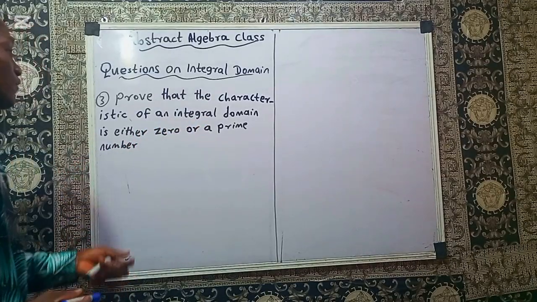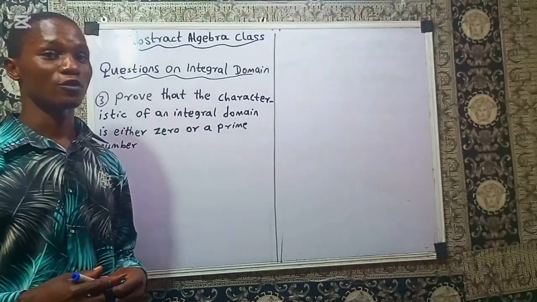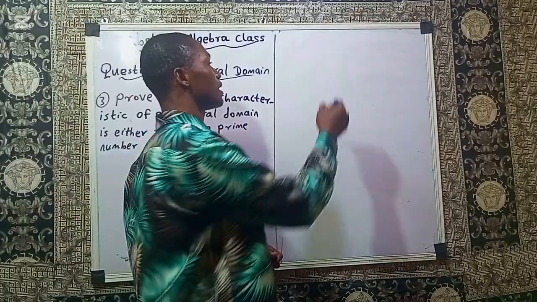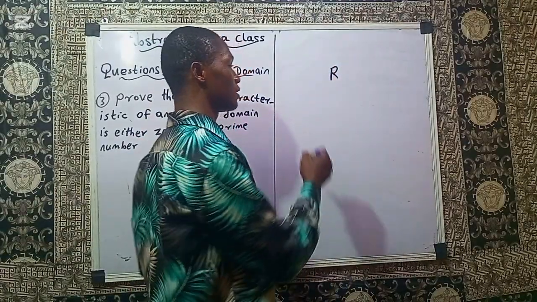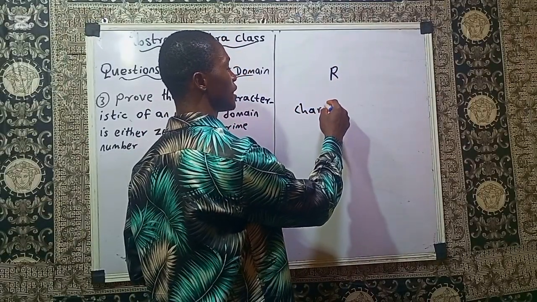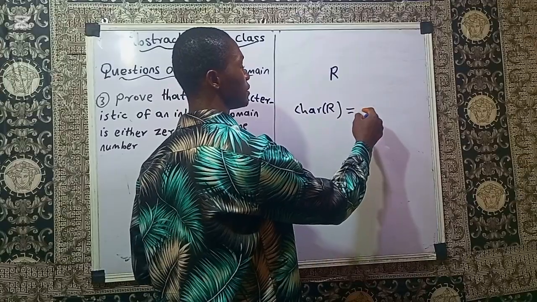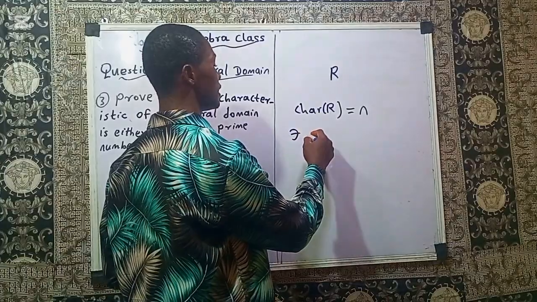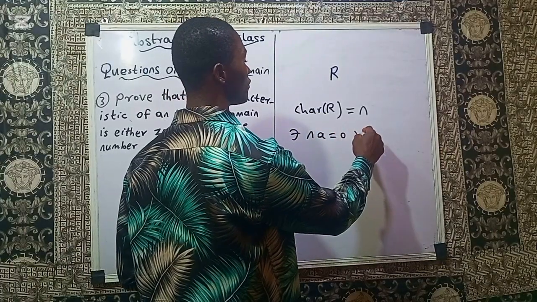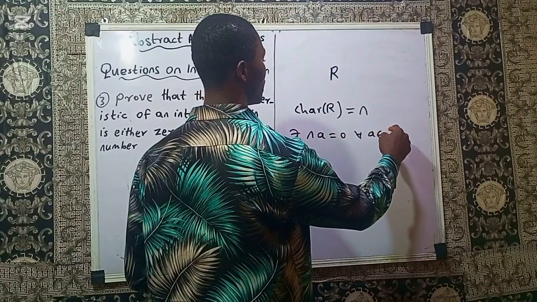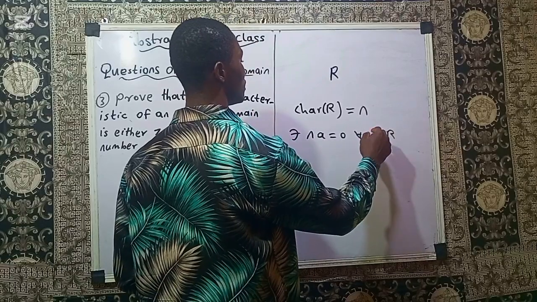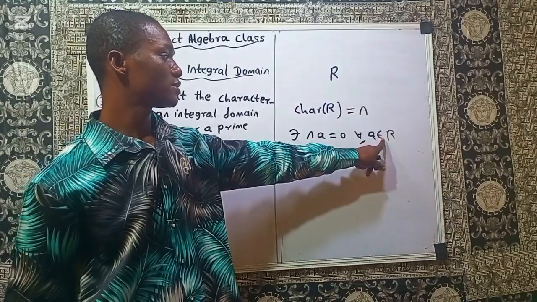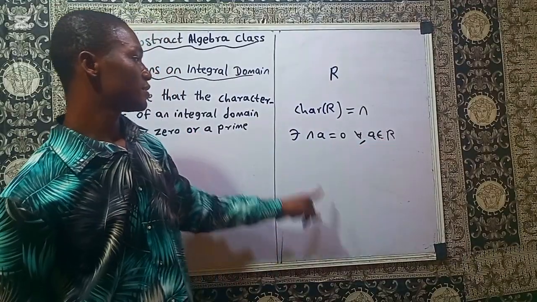The characteristic of an integral domain is either 0 or a prime. So what is the characteristic of a ring? Assuming you have a ring R, the characteristic of this ring R is a non-negative integer n such that n times a equals 0 for all a in R. This symbol you read as "for all," this symbol is "element of," and this is "such that."